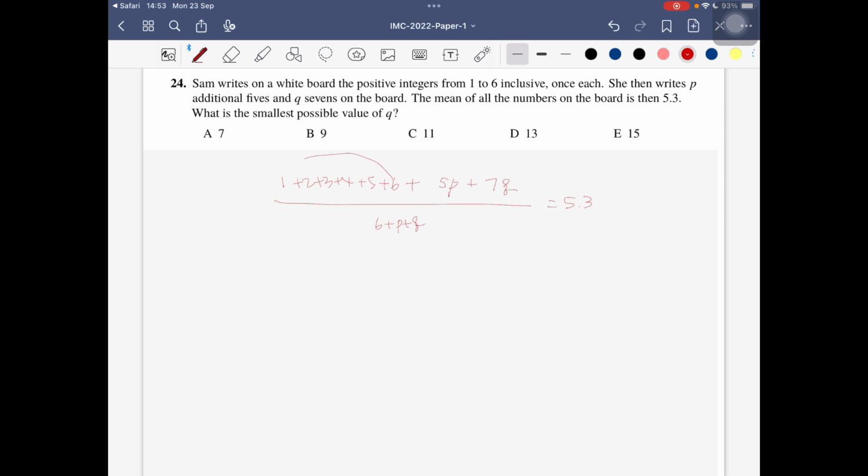So 21 plus 5P plus 7Q equals 5.3P plus 5.3Q plus 31.8.